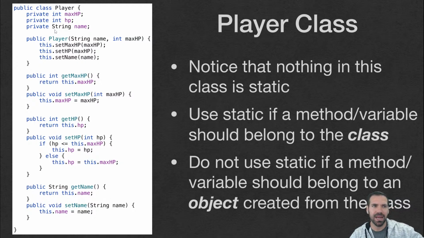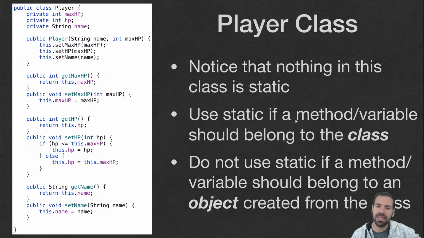Nothing in here is static. So the difference between static and non-static methods and variables: static methods and variables. We didn't see any static variables. We'll see technically two of them today, but in the same example. But we can have static variables. But we did see a lot of static methods.